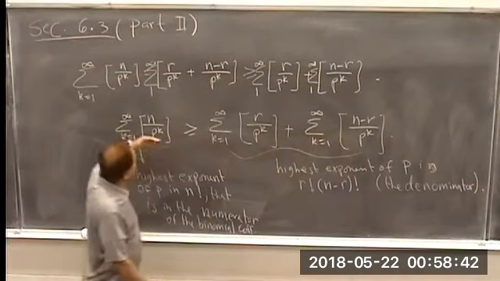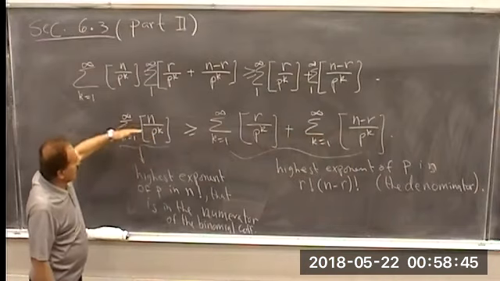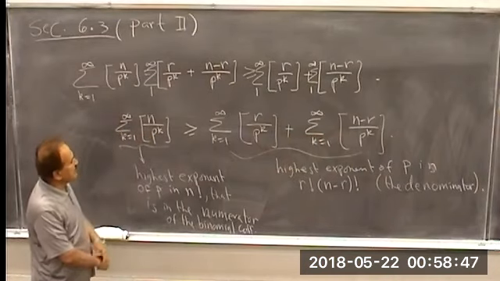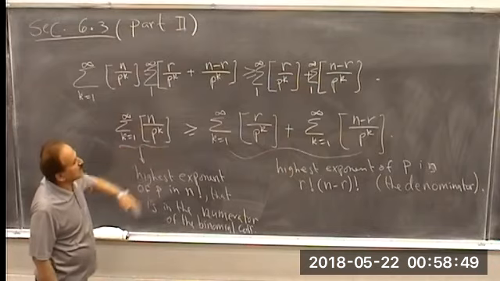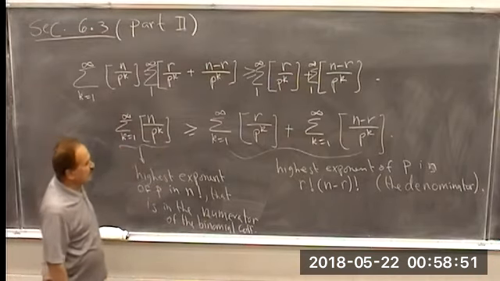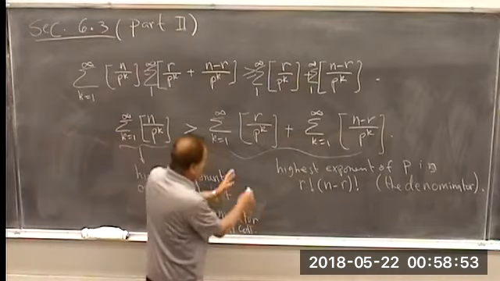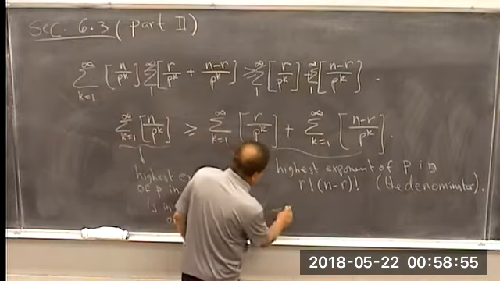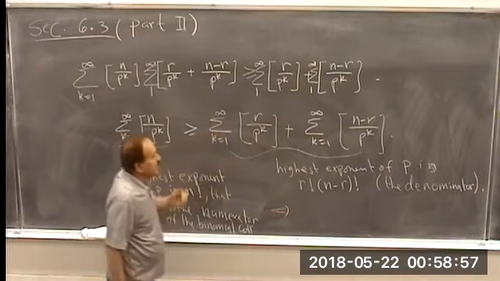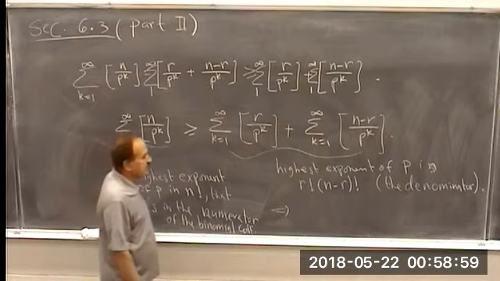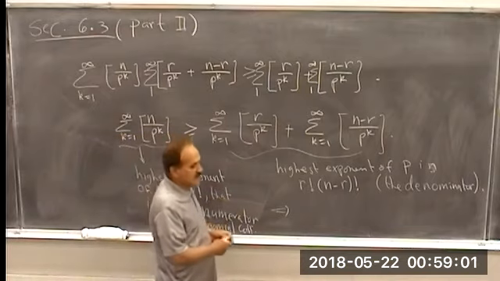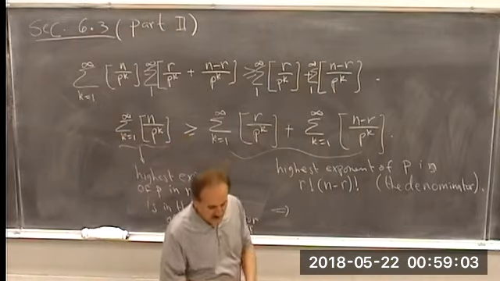This one is saying that the numerator's highest exponent is larger than or equal to that of the denominator. So together, this implies that when we cancel out, we end up with an integer.